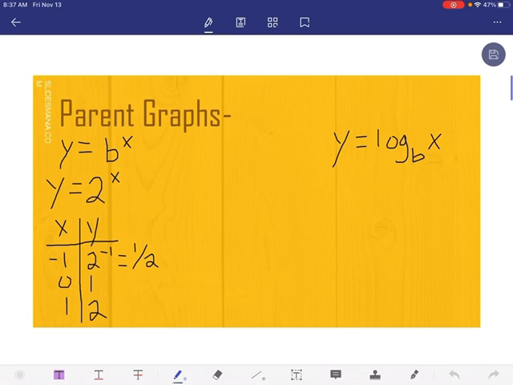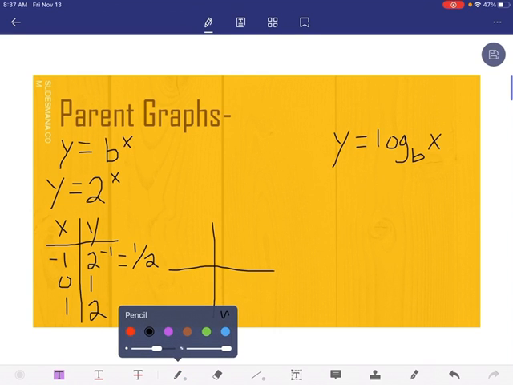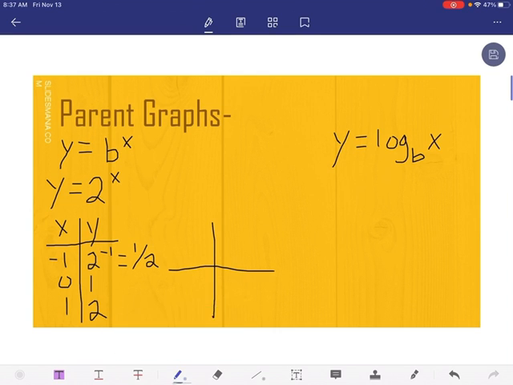So if we were to graph that, let's just kind of get a general shape of what we're looking at. So I would have -1, 1/2, 0, 1, and then 1, 2.